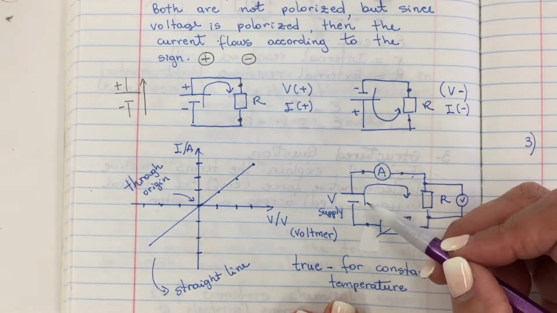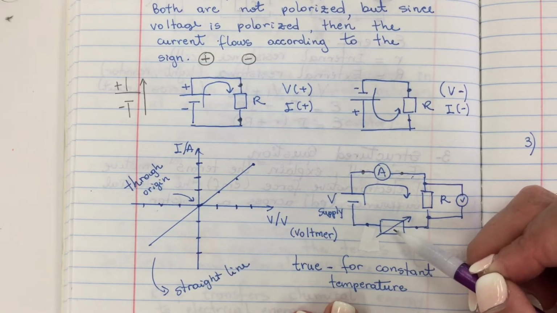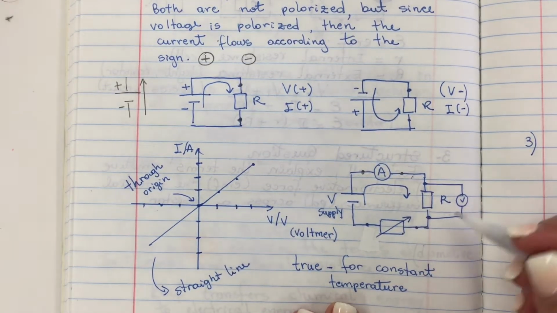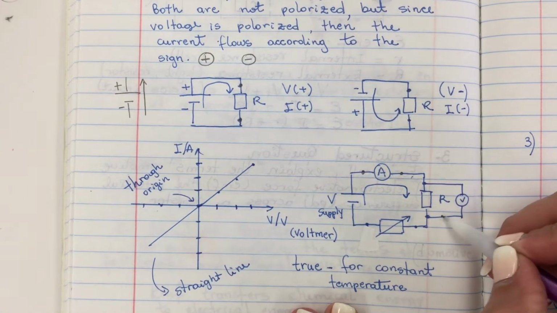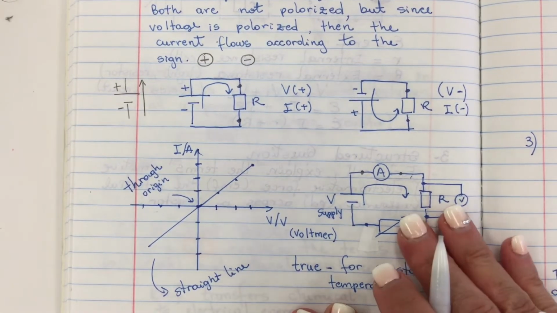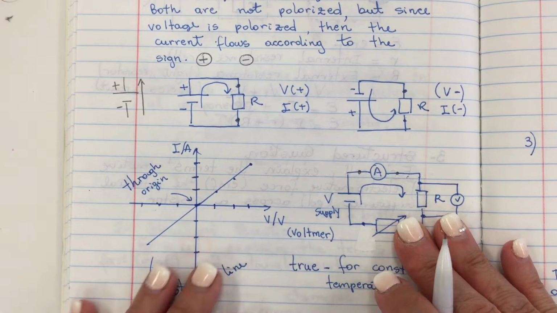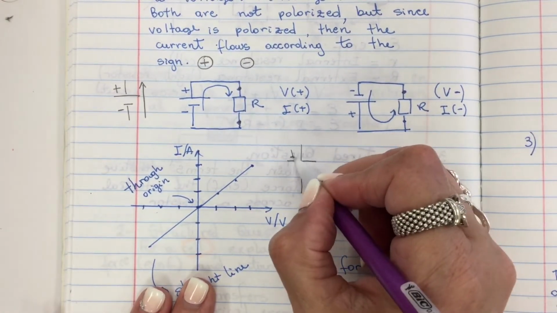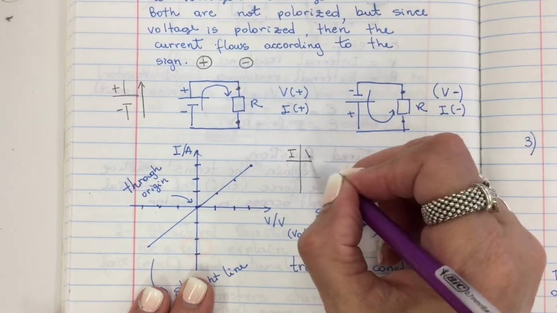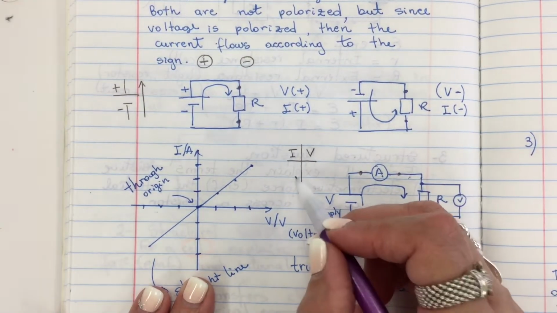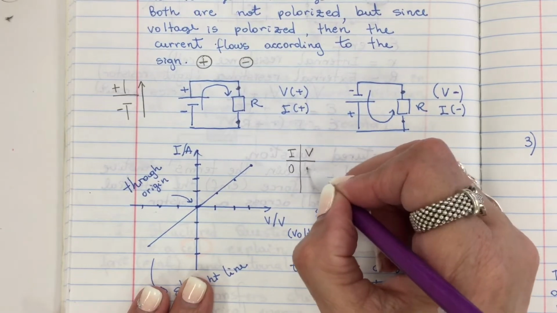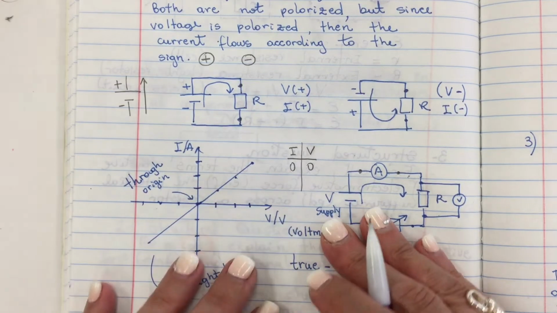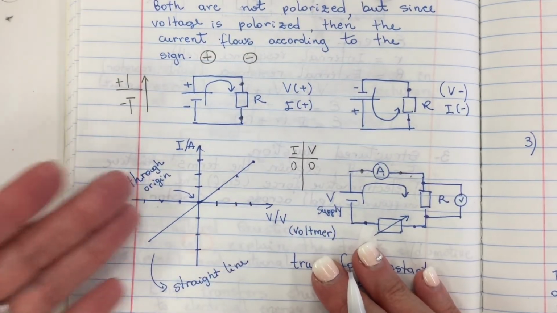So we can change the variable resistor to create a different current flowing, therefore a different voltage drop on R. From this, we can collect enough information, make a table, and read the current on this ammeter and the voltage on this voltmeter. It starts with 0, which means no voltage, no current. And from here, through a data table, draw a graph.